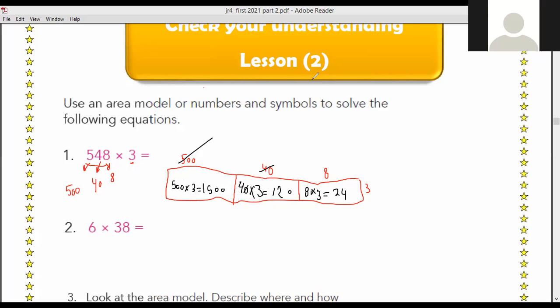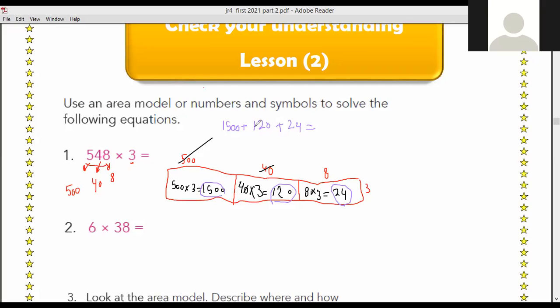So after this, junior 4, what should I do? I'm gonna make all of these answers plus: 1,500 plus 120 plus 24. So let's make it all plus. We're gonna start with ones.